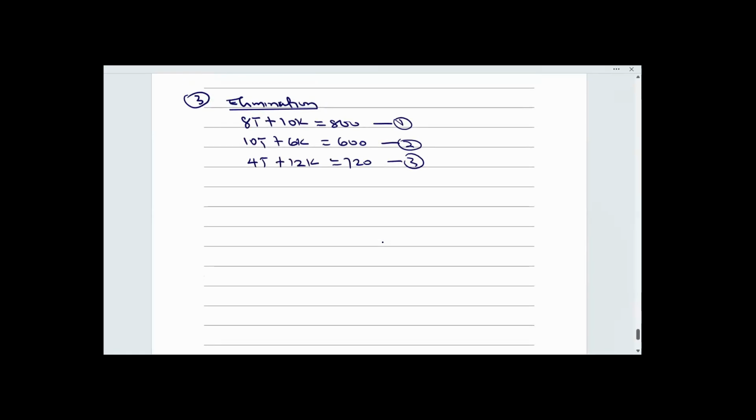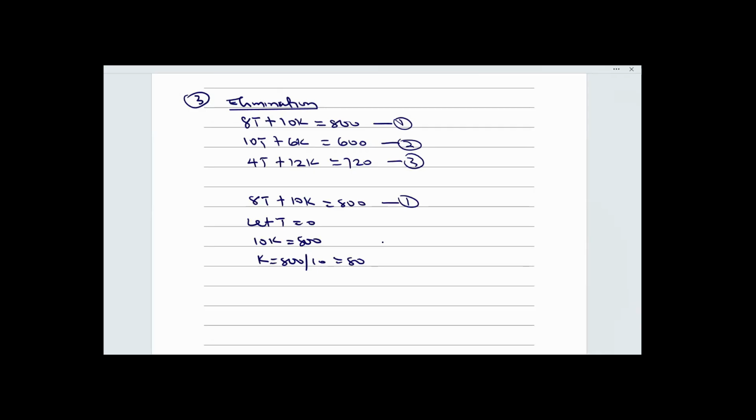So we now solve using the elimination method. So 8T plus 10K equal to 800. Let T equal to 0. Therefore, 10K will then be equal to 800. So K will be equal to 800 divided by 10, which is equal to 80.